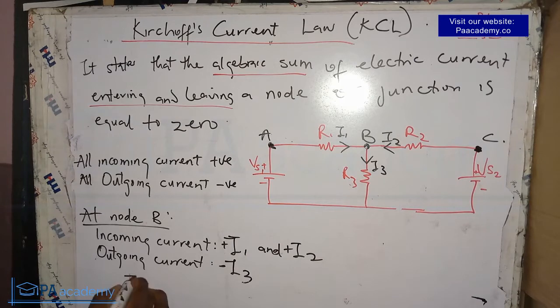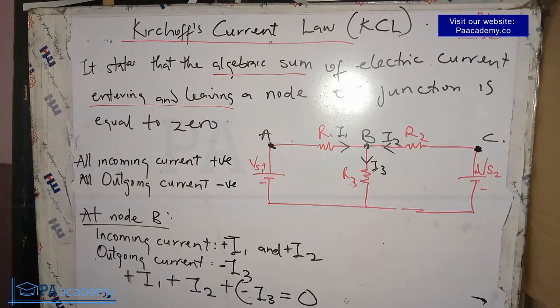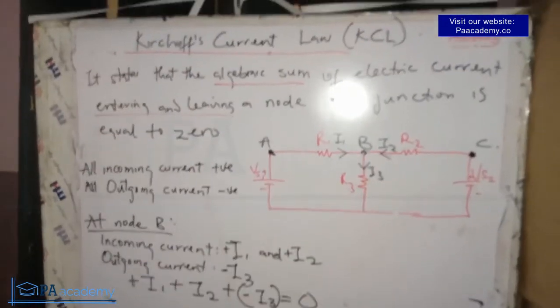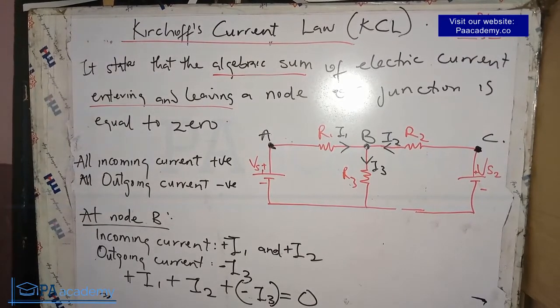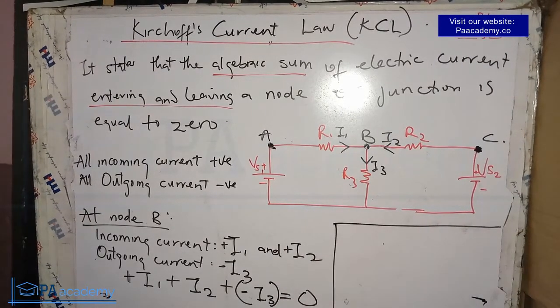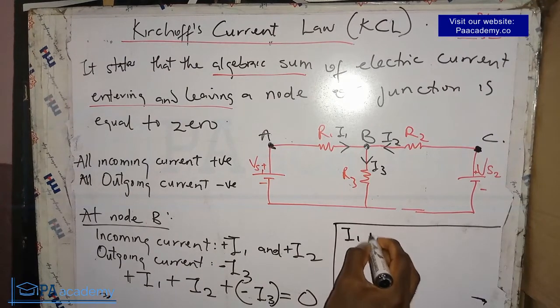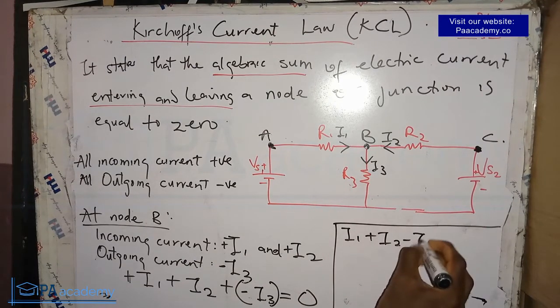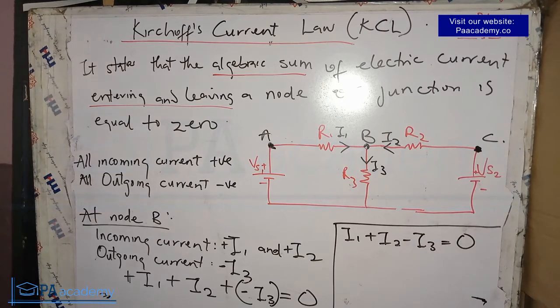That means we have plus I1 plus I2 plus, in brackets, minus I3 equals 0. We can rewrite this as I1 plus I2 minus I3 equals 0. If we simplify this further, we have I1 plus I2 equals I3. Now what this is giving us is this.